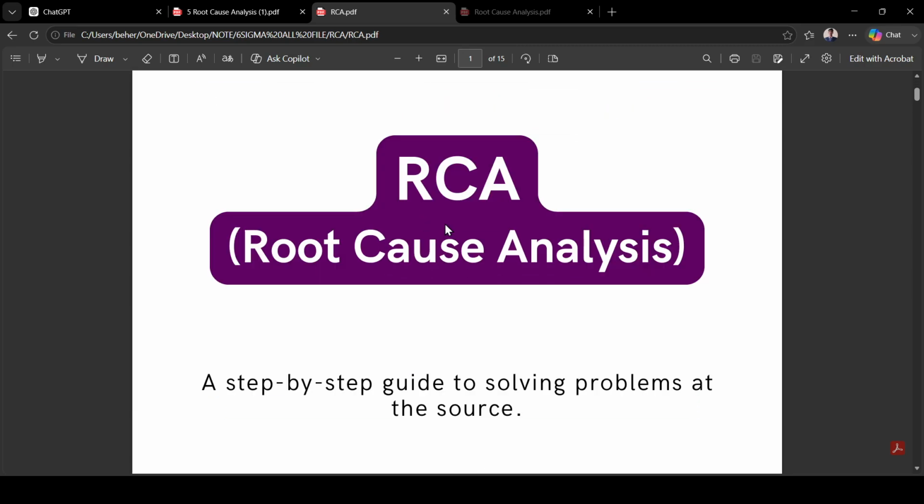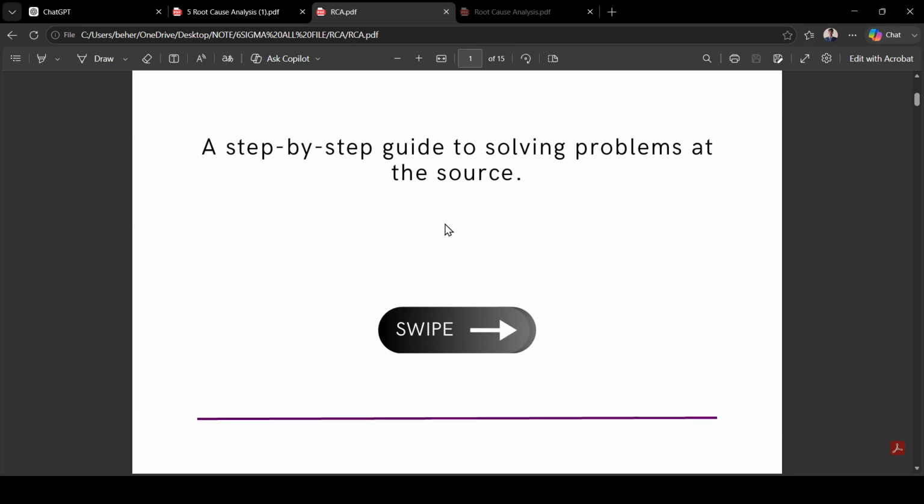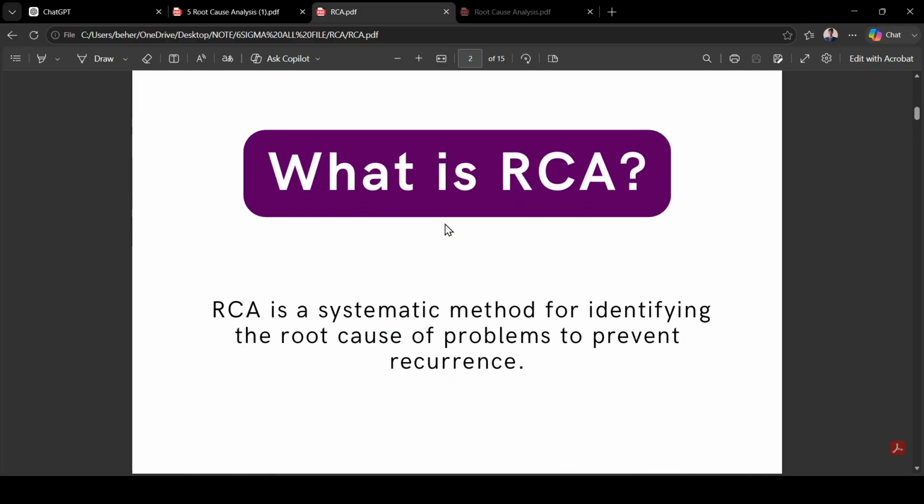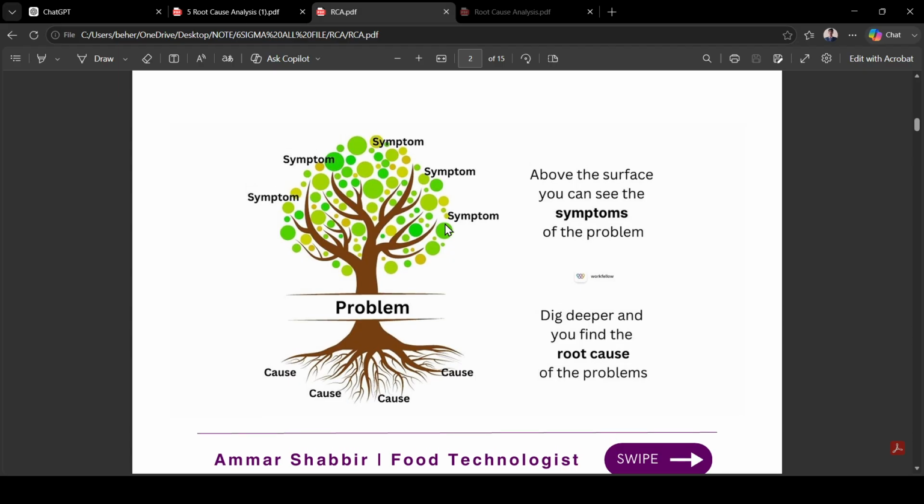Root cause analysis: a step-by-step guide to solving problems at the source. So what is root cause analysis? RCA is a systematic method for identifying the root cause of a problem to prevent recurrence. Above the surface you can see the symptoms of the problem, and if you dig deeper you can find the root cause.